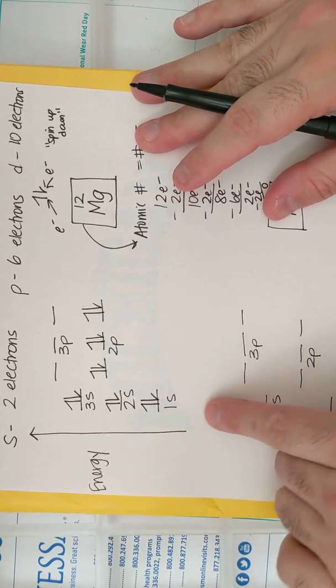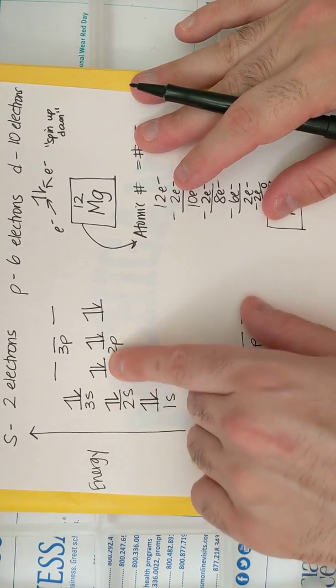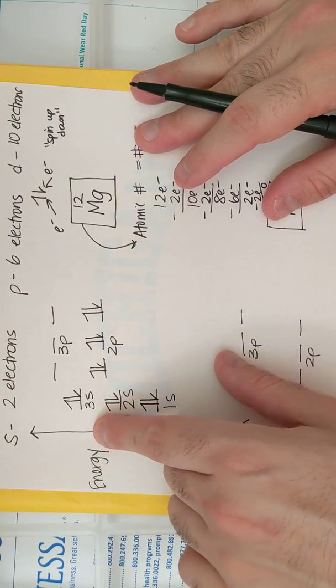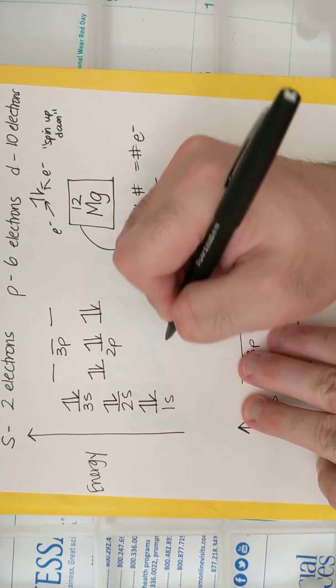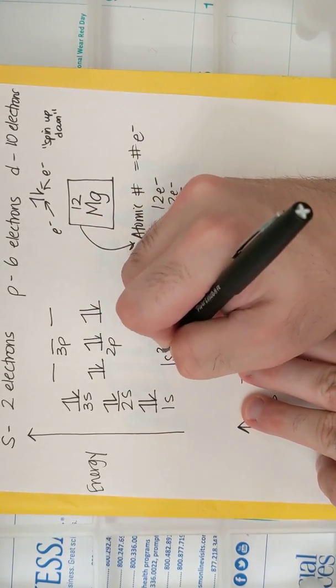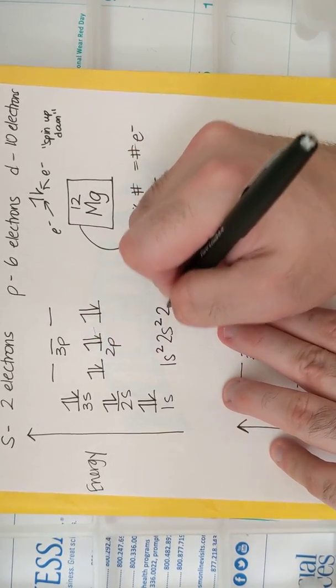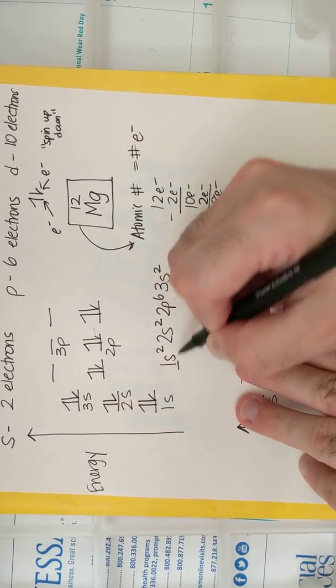All right, so look at this. I have 2 electrons in the 1s, 2 electrons in the 2s, 6 electrons in the 2p, and 2 electrons in the 3s. The way that I would write this electron configuration in order is 1s2, 2s2, 2p6, and then 3s2.